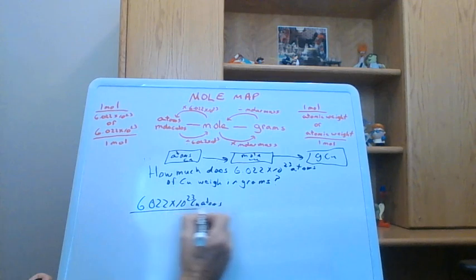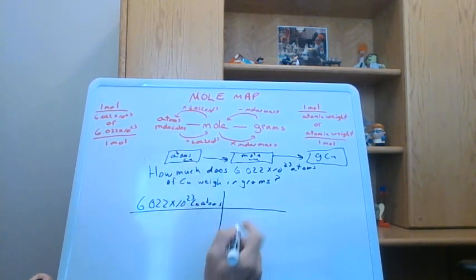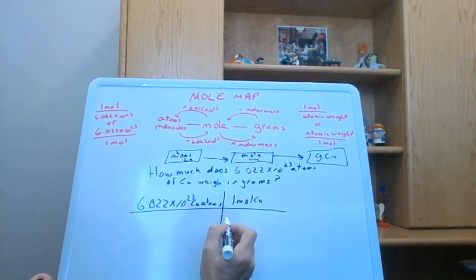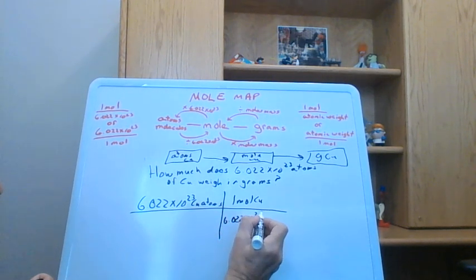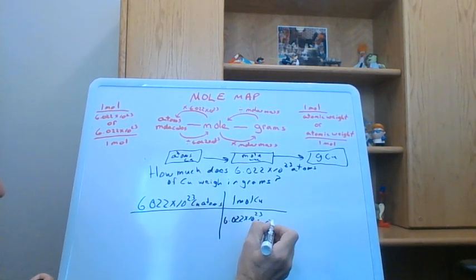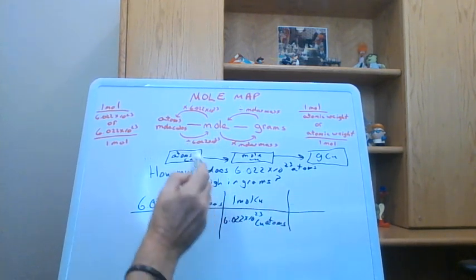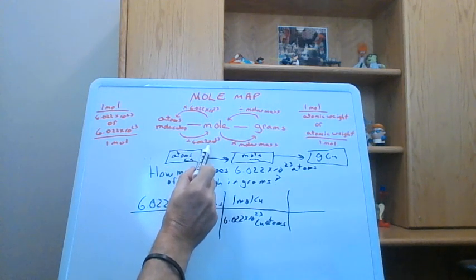Now we need a conversion factor to go from atoms to moles, and we know that 1 mole of copper contains 6.022 times 10 to the 23 copper atoms. So going from here to here, we're dividing by 6.022 times 10 to the 23rd.